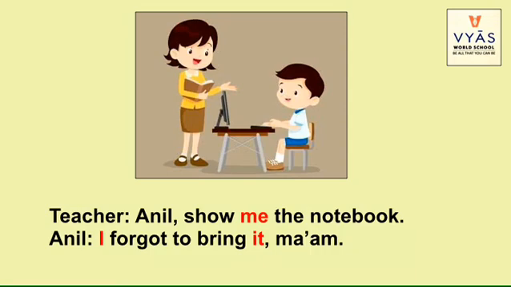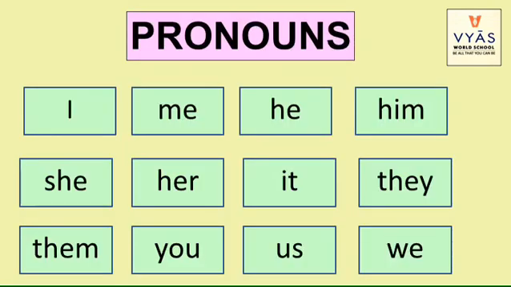And me, I and it are words used in place of nouns. That means they are pronouns. So the words that are used in place of nouns are called pronouns. I, me, we, us, you, he, him, her, she, it, they and them are some common pronouns used in English grammar.